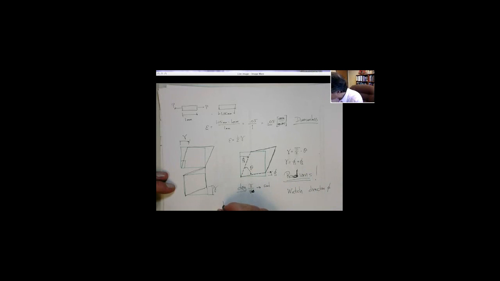What I mean by that is, if you look at the following type of deformation, where maybe this goes like this, and this goes down like this, where this angle here is maybe 1 degree, and this angle here is also 1 degree. Okay? What's going on here?